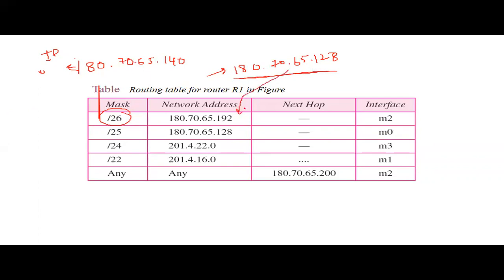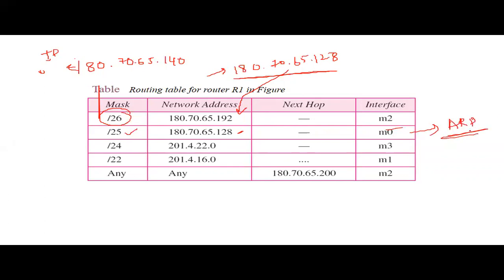We will match it with the corresponding network address given in the first row. Is it matching? No. So we will move on to the second mask. For the second mask, we will apply it to the destination address and we will get the same thing. So that is the next hop address and the interface number we get from this, and we will pass the interface and the next hop to ARP for further processing.